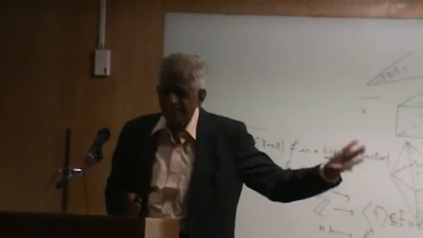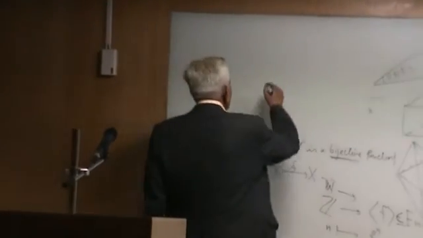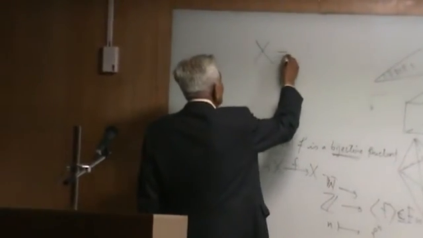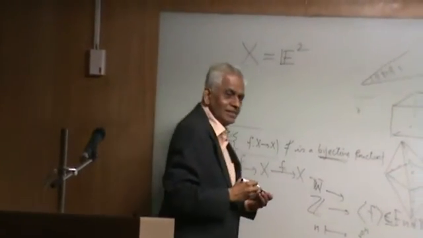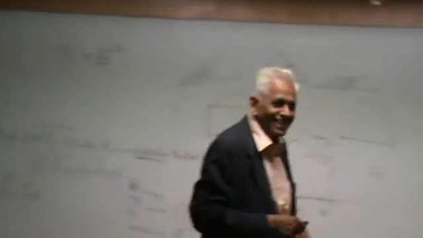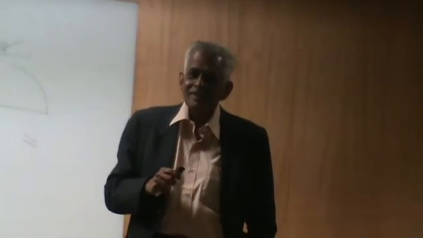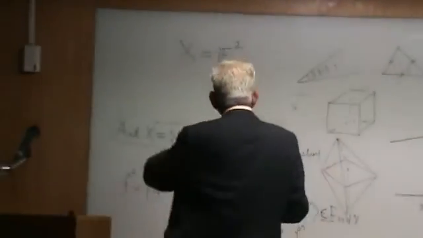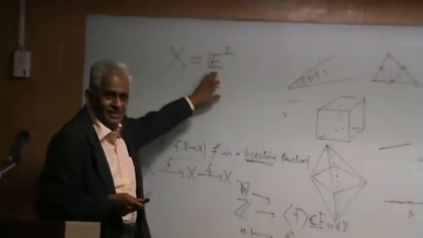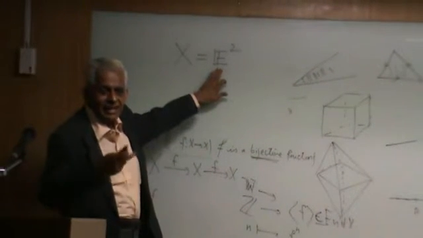So let me take a concrete example. Take the Euclidean space, denoted by script E, E2. So this is the Euclidean space. Now, there are various structures on this. Just by ruler and compass we define a similarity structure.